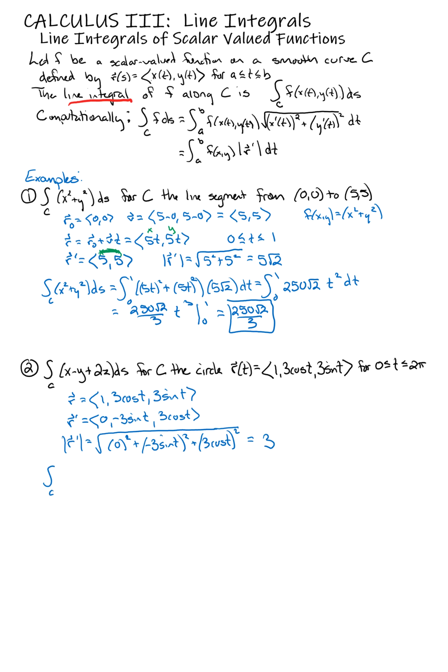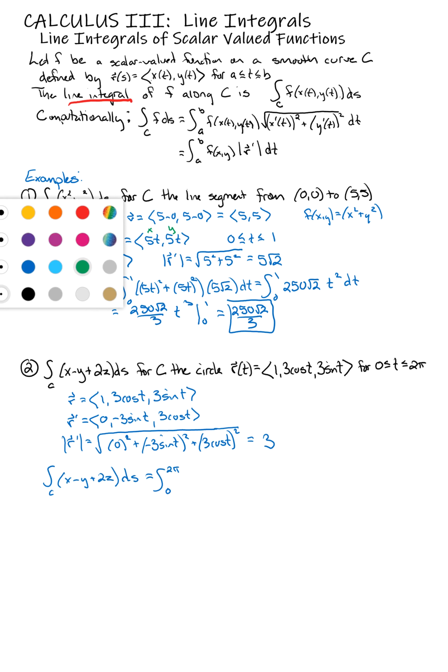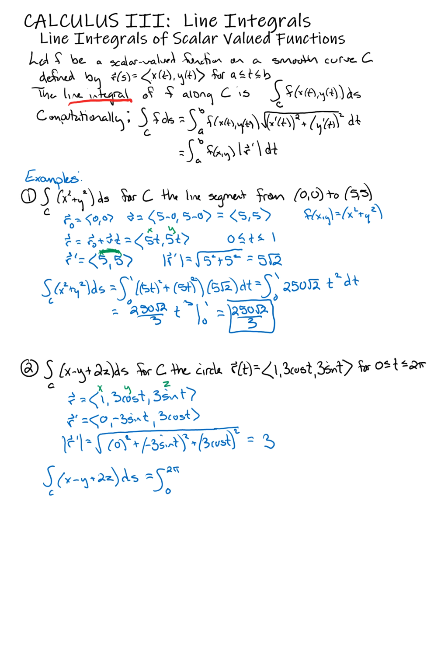Now, to determine our line integral, we will start by rewriting it as a regular integral. Our t values go from 0 to 2 pi. Right, we were given that in the original problem. And don't forget, we have an x, a y, and a z this time.